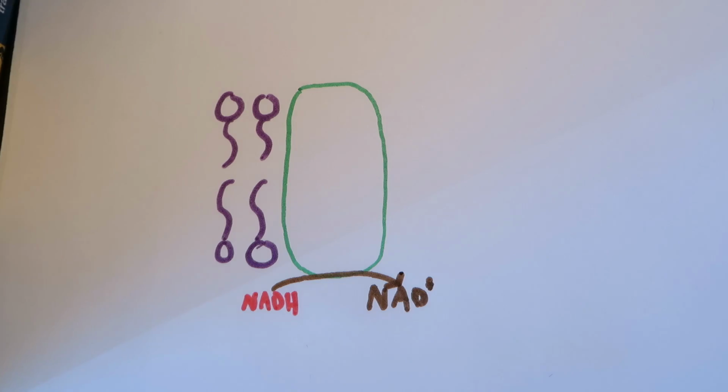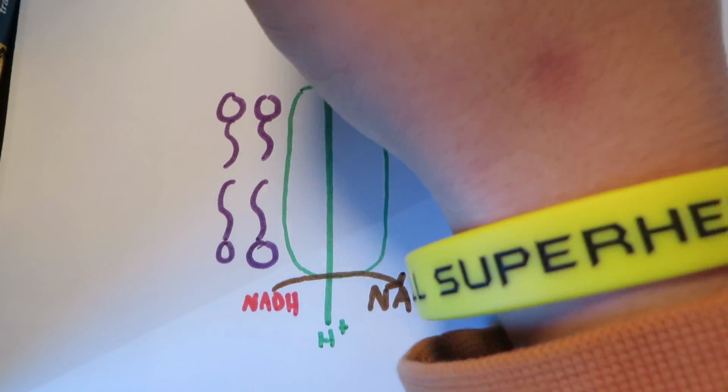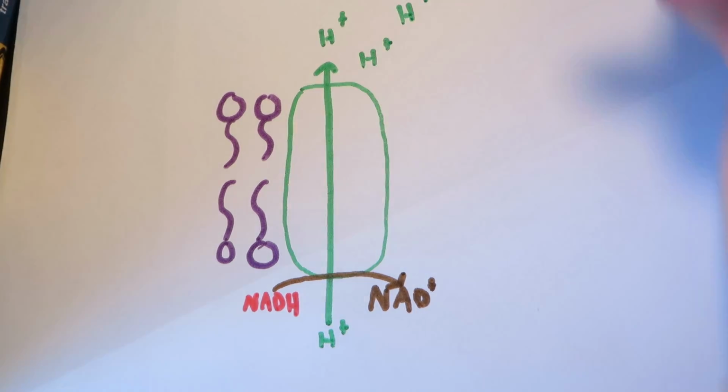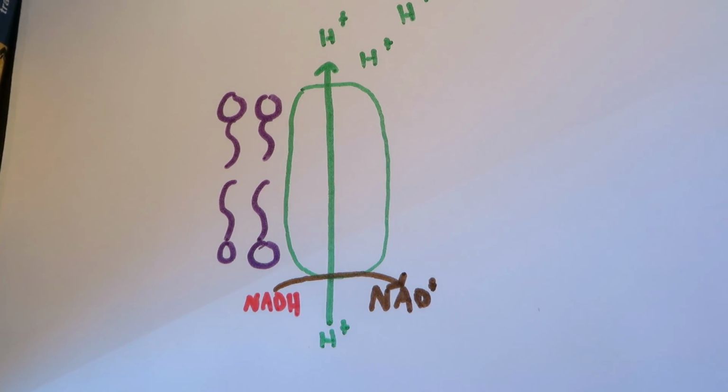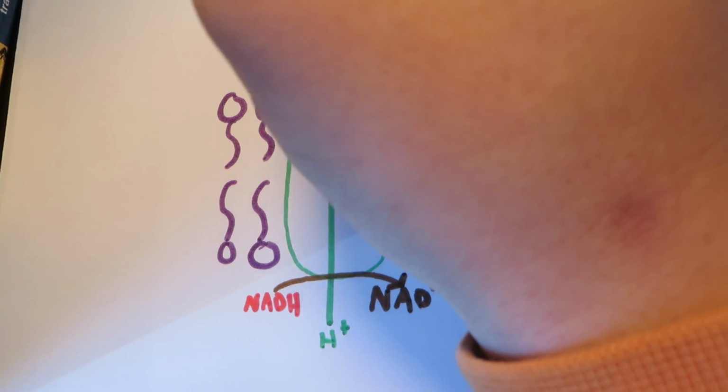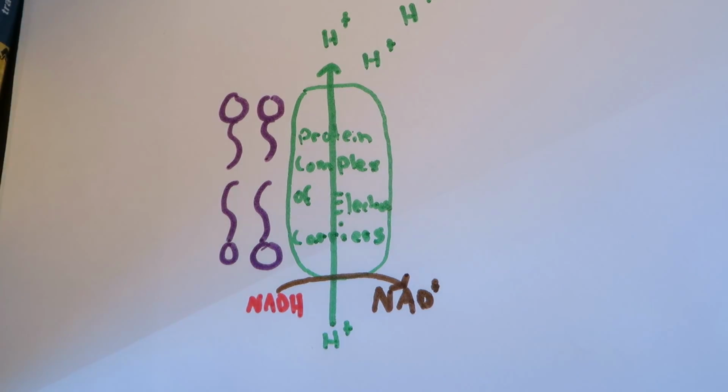NADH from the electron carriers is oxidized into NAD+. This creates an electron transport chain which powers the active transport of hydrogen ions against their concentration gradient.